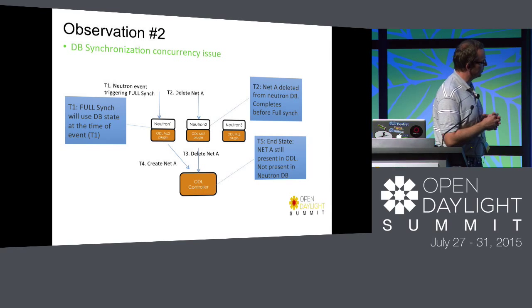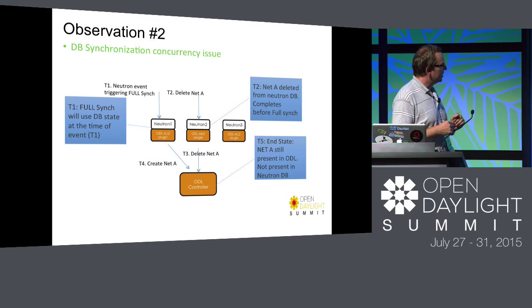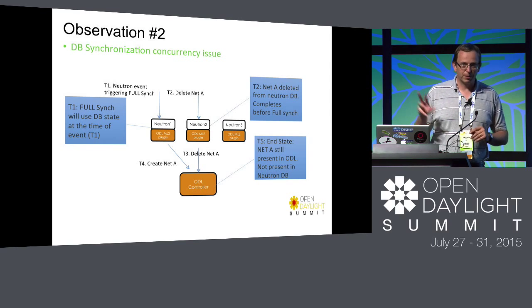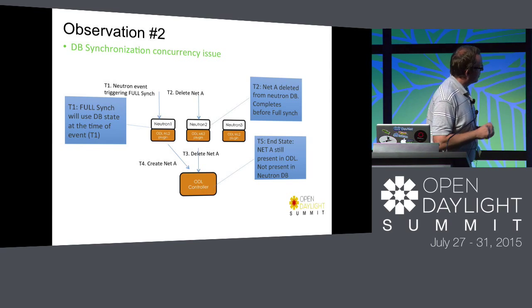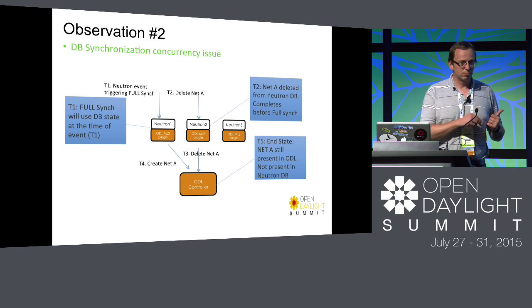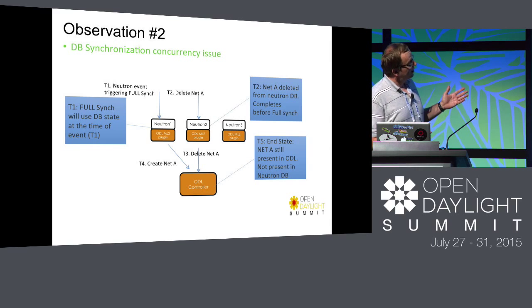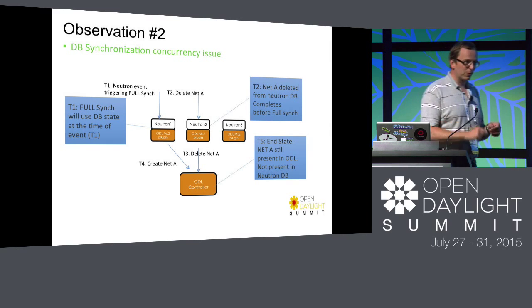called concurrency here, whereby we have Neutron node 1 that is triggered to do a full sync by some error. It will do the sync at time t1 using the Neutron database state present at time t1. So it starts off doing that, and then a second request arrives at time t2 to the second Neutron node to delete network A. This is a very small request.